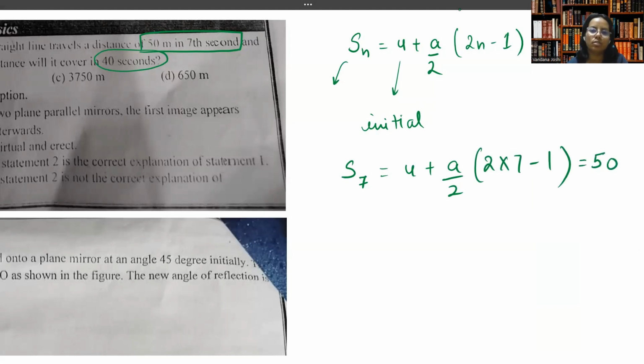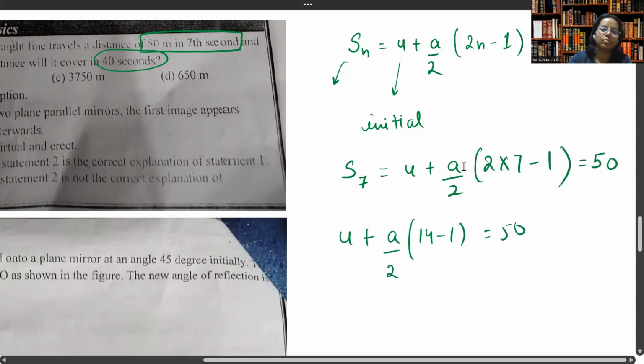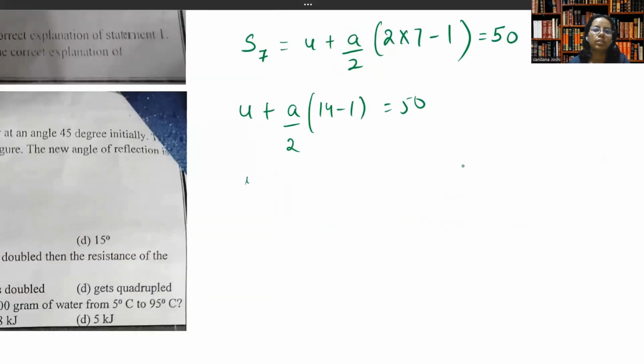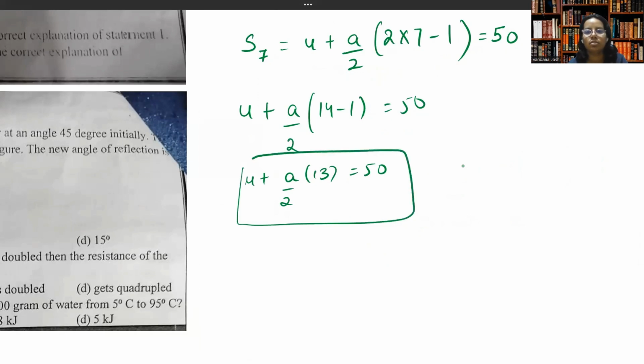Solving this equation, we'll have u plus a over 2, 14 minus 1, equals 50. U plus a over 2 times 13 equals 50. Okay, so this is going to be my first equation.